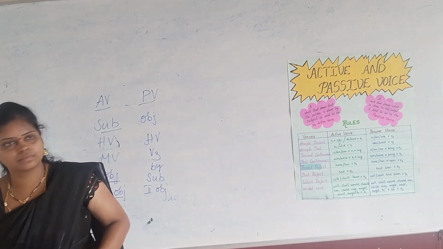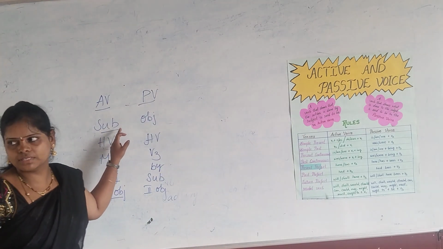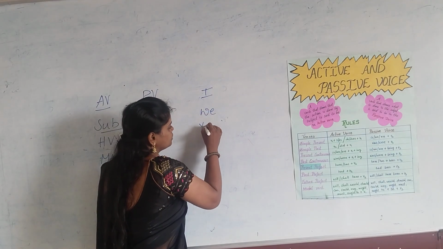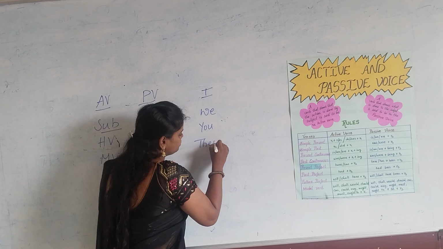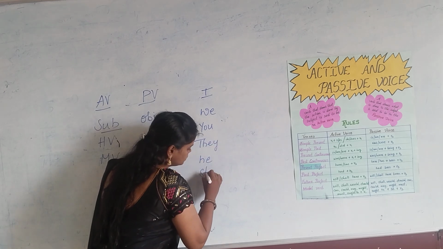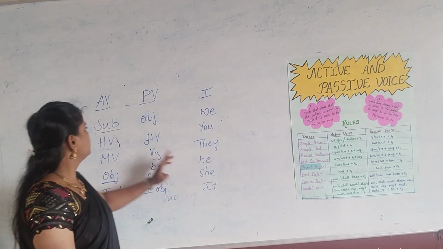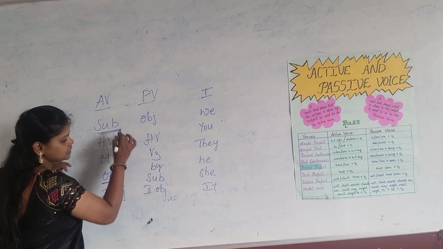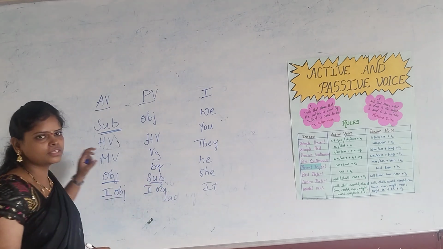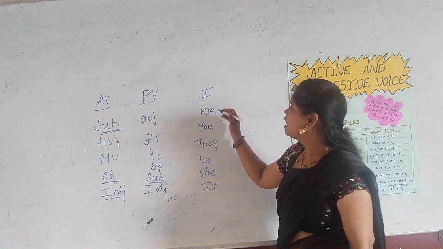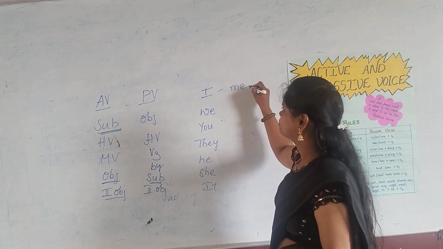I said subject. There are some subject pronouns like I, we, you, they, he, she, it. This subject is shifted in passive voice. So when changing from active to passive voice, the subject changes. I changes to me.